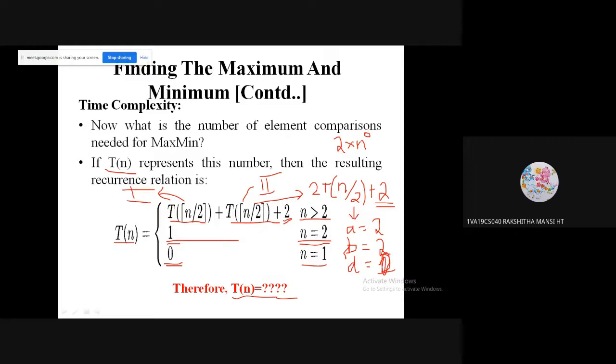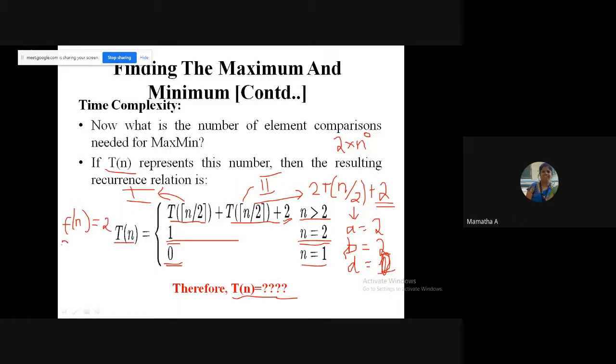Ma'am, I didn't get it. F of n is 2 over here, right? D is 1, ma'am. How is it 1? Tell me. Yes, f of n is 2. Express f of n in terms of n.